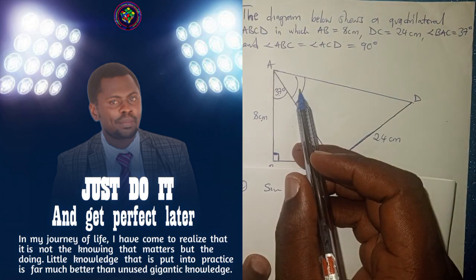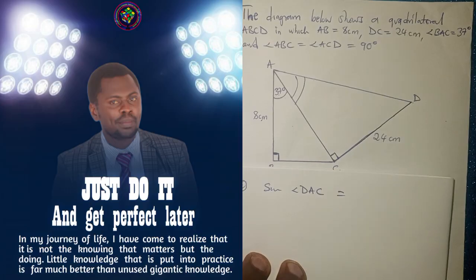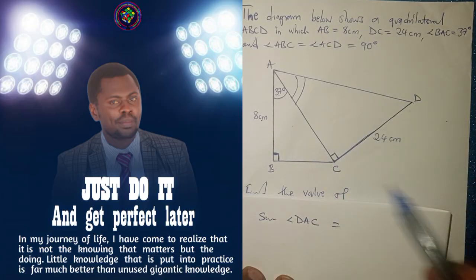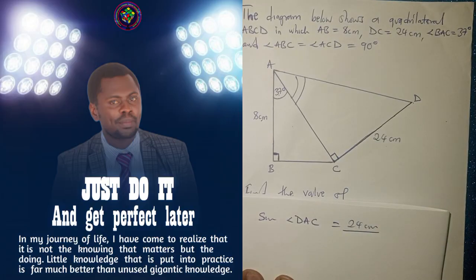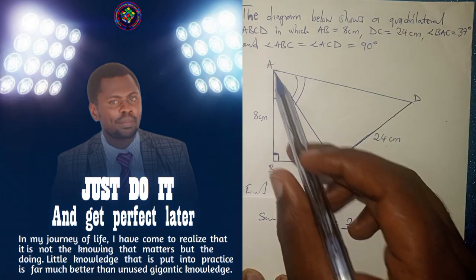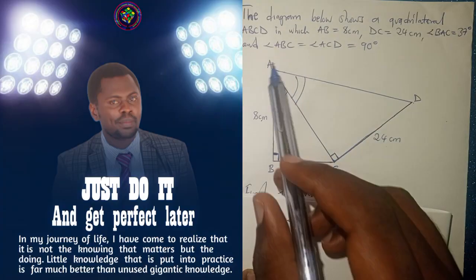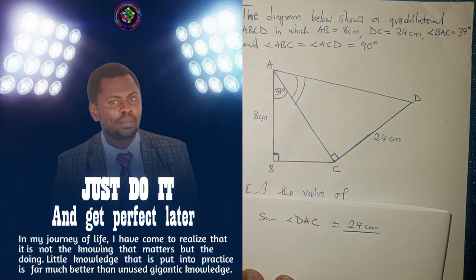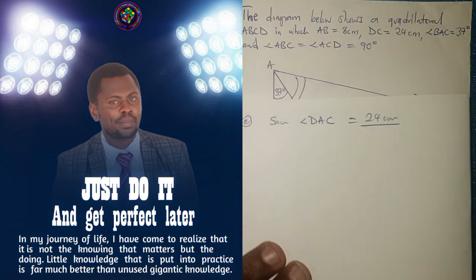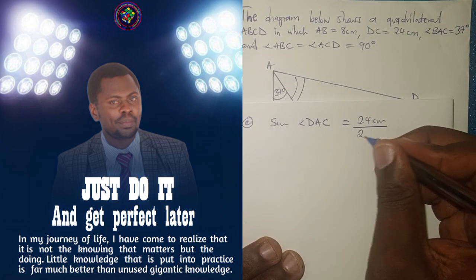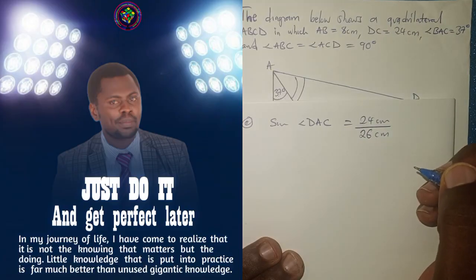So according to this angle, opposite is which side? Opposite will be CD, which is 24 centimeters. So you have 24 centimeters over the hypotenuse. This is the right angle triangle, so the hypotenuse will be AD, and AD we calculated as 26. So it's 24 centimeters over 26 centimeters.